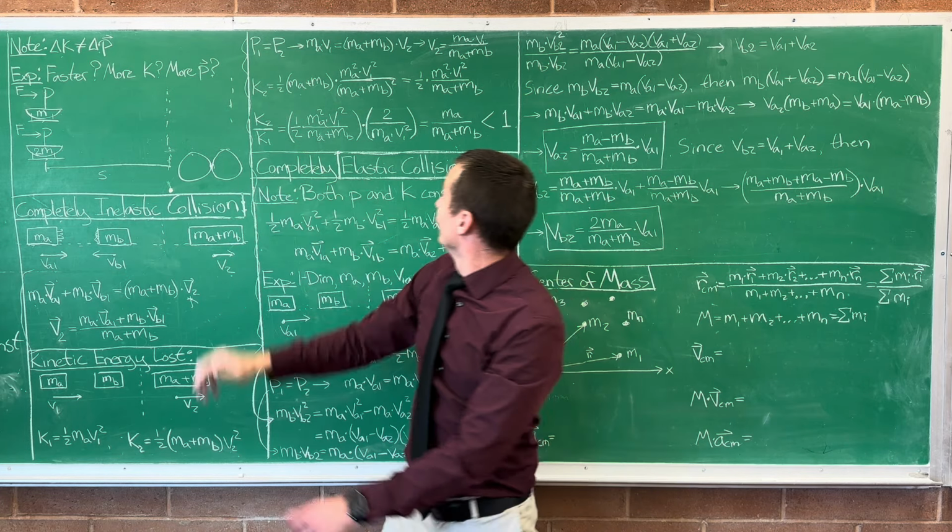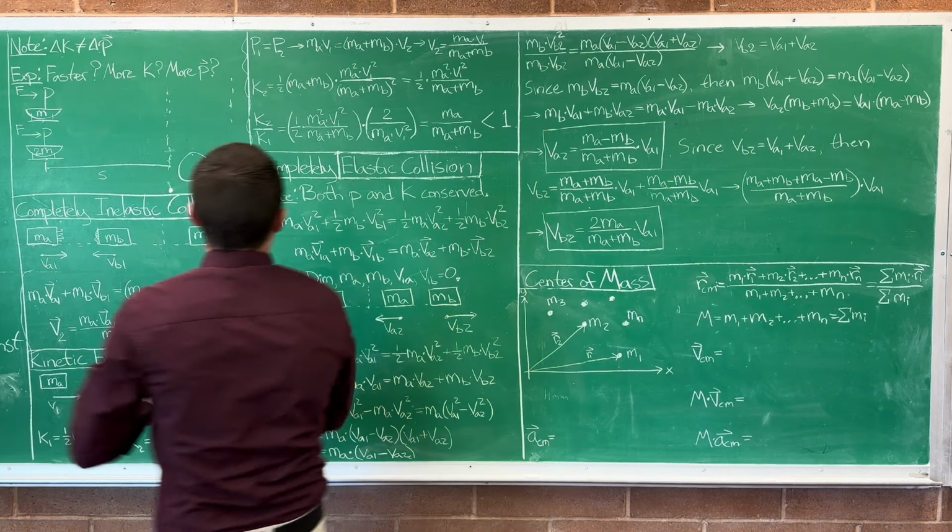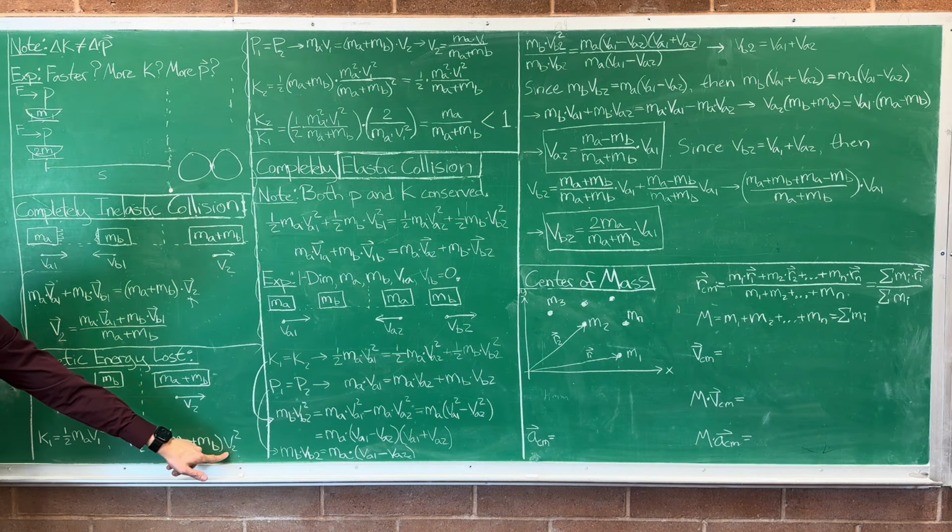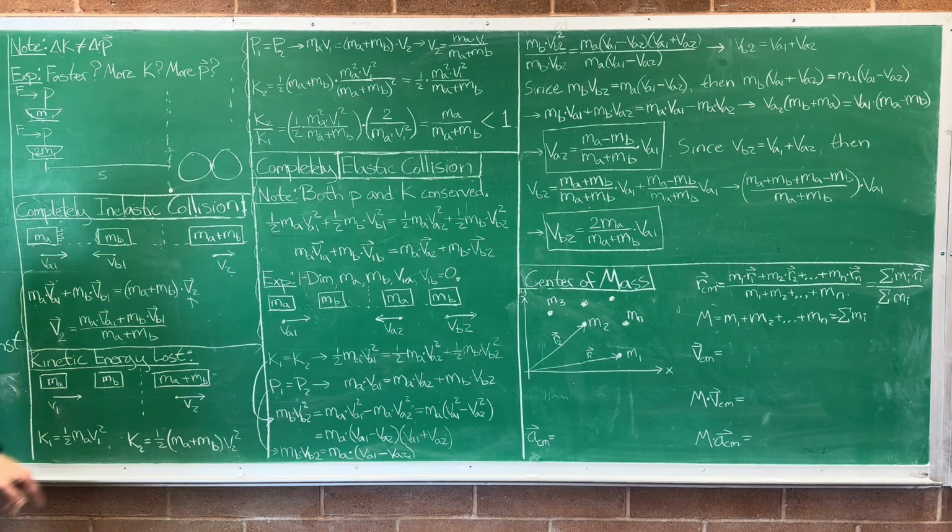So let's, really quick, what is K2? I know what K1 is. That's right here. What is K2 now? I'm going to rewrite velocity 2 in terms of V1. I know what V2 is in terms of V1. There it is. I'm going to rewrite this V2 in terms of V1, and that way I'll be able to take the ratio.